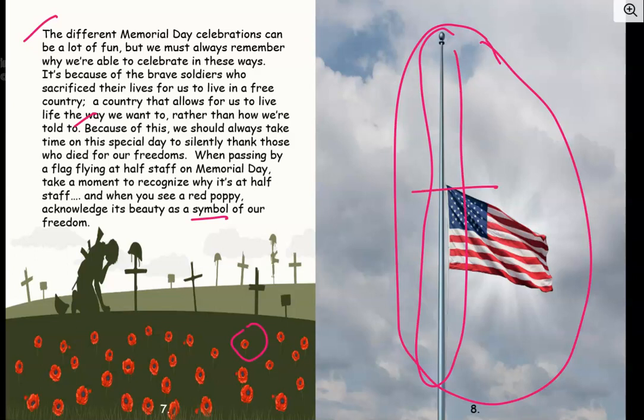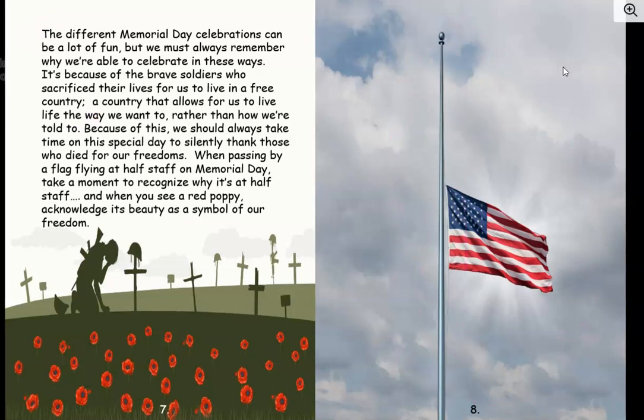If you see a flag flying at half-staff, that means that someone, a nation, or just people in general are in mourning because someone has passed away or died. Mourning is when you're sad and you're thinking about someone who has died. So anytime you see a flag at half-staff, it's representing someone who has lost their life.